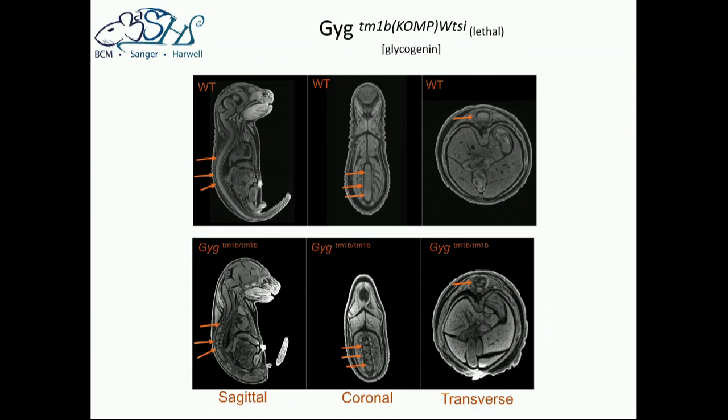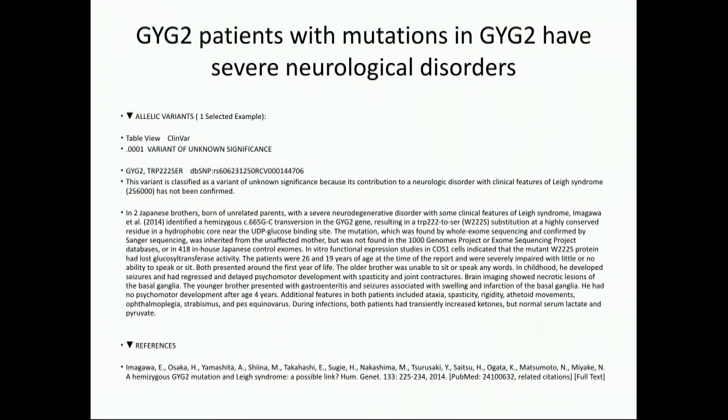And we believe that that's where cells have degenerated during development. We don't know how that contributes to lethality, but one of the interesting things is that there have been variants picked up in the second GYG gene in humans, GYG2, where patients have severe neurological disorders. Now, this is a variant of unknown significance, but now with the mouse data, it's something that provides an opportunity to look at further.